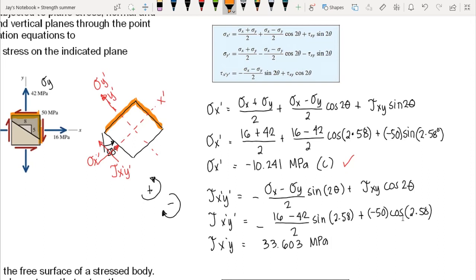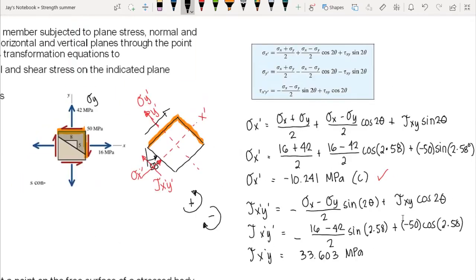And now in positive stresses, since we have a positive shear, that means our shear stress here is acting to the positive x-axis and positive y-axis. So we have this direction of our shear stress, this one, okay, that is going to the positive x-axis, and on the positive y-axis, this one here.